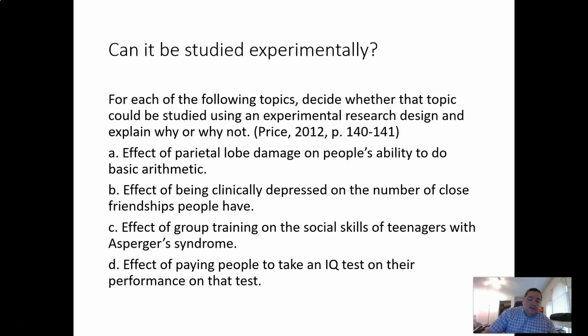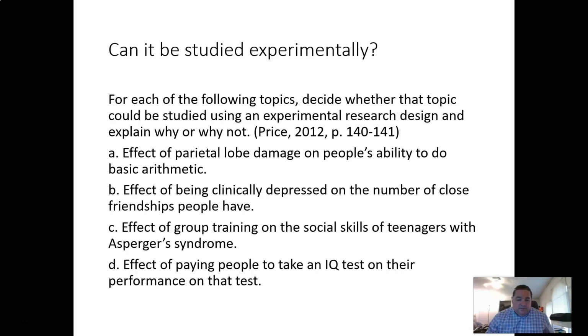C, the effect of group training on the social skills of teenagers with Asperger's syndrome. Okay, and so the independent variable is group training.